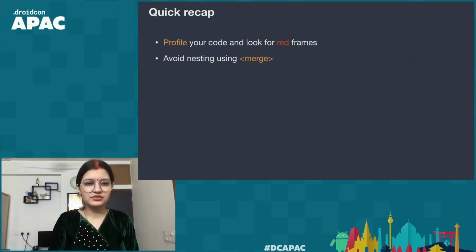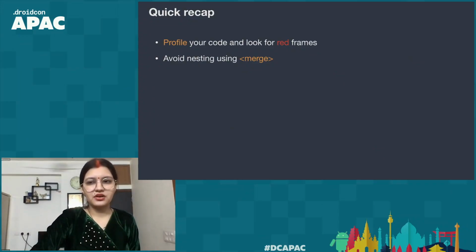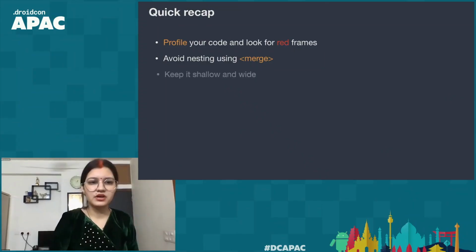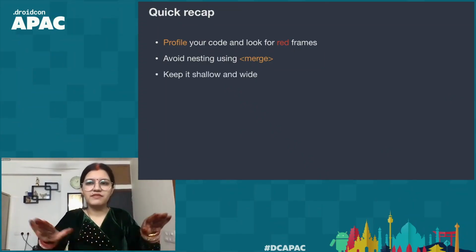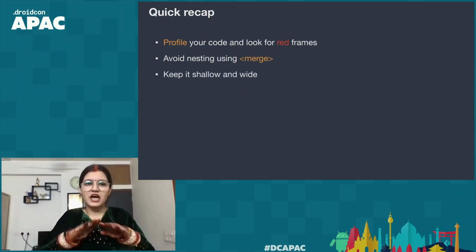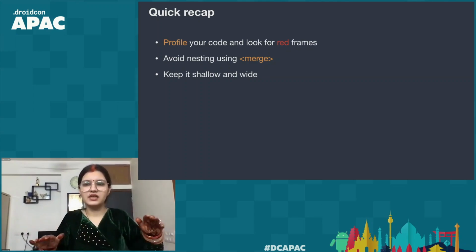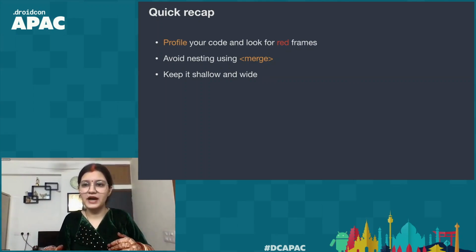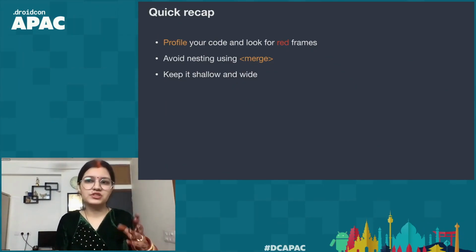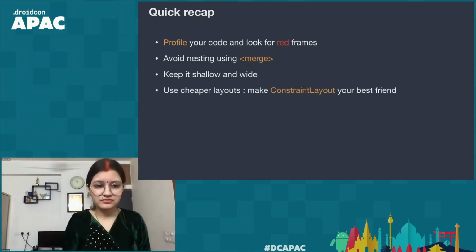You can use the merge tag to get rid of all those nested parents. Then keep it shallow and wide, because the shallower the layout hierarchy, the less time it will require and the fewer passes it will require. Even an optimization of a few milliseconds can give you huge gains.